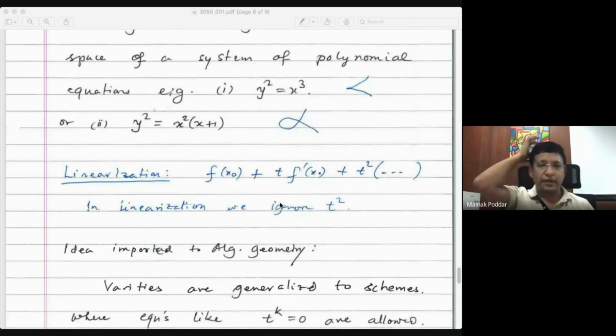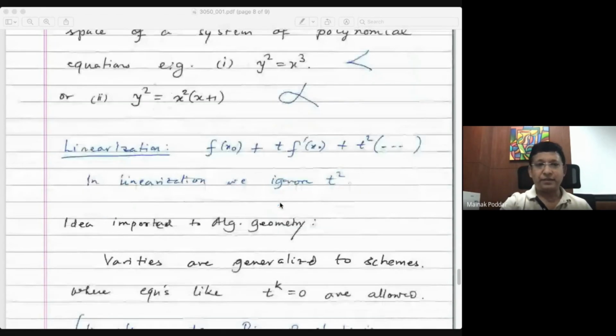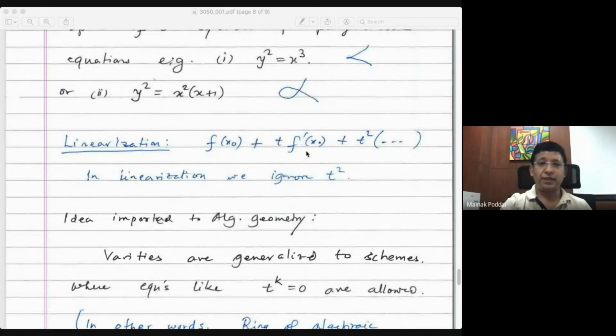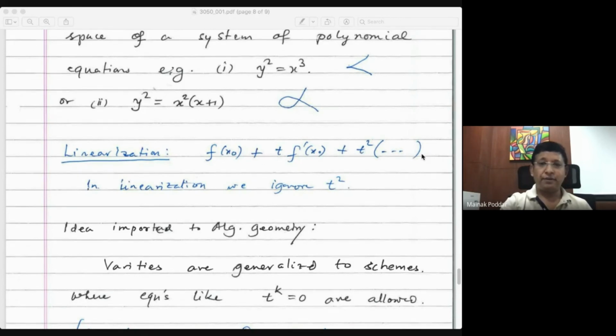Differential geometric ideas have long influenced algebraic geometry also, and one of the ways it does so is through the concept of linearization. What is linearization? Linear approximation. If you look at something like a Taylor expansion, you ignore the terms with t squared or something like that.